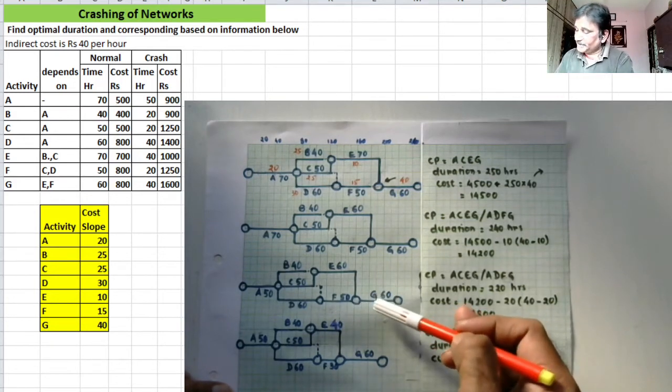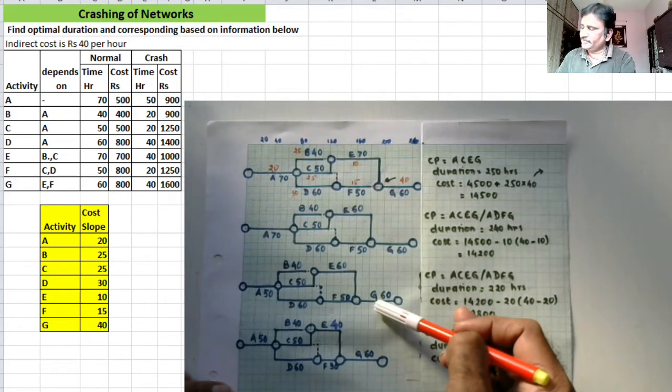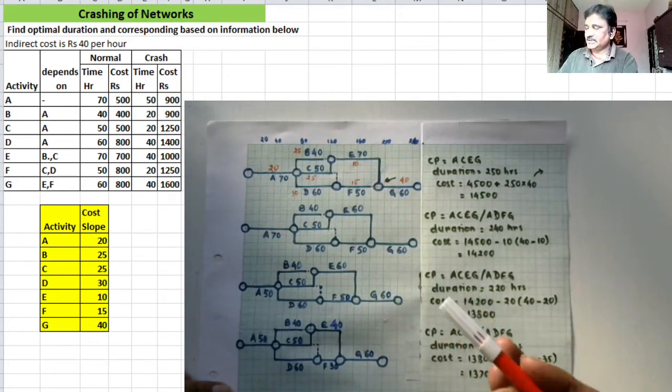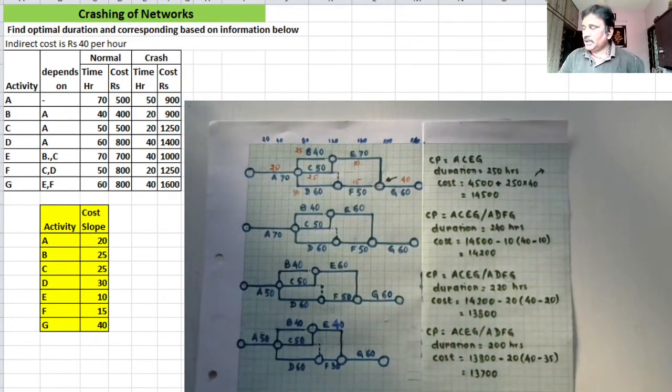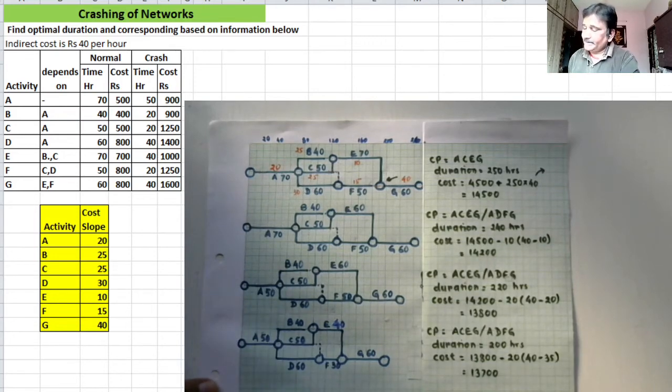As far as activity G is concerned, I will not prefer to crash it, because the crashing cost per hour for activity G is rupees 40. At the end I will be crashing it, because there won't be saving in terms of money, but there will be saving in terms of time. So let's move ahead.